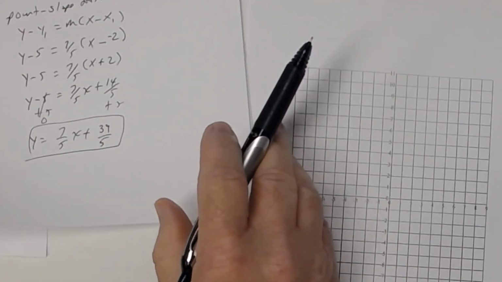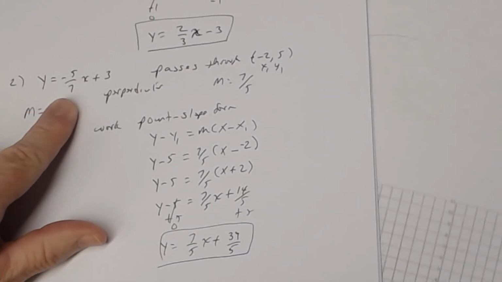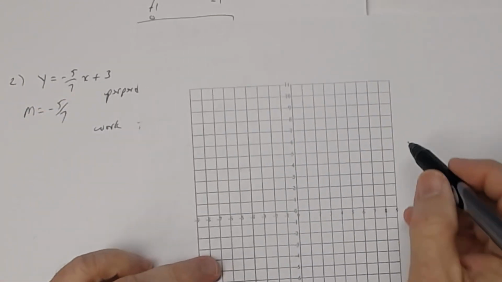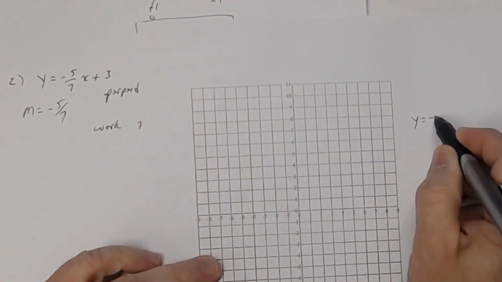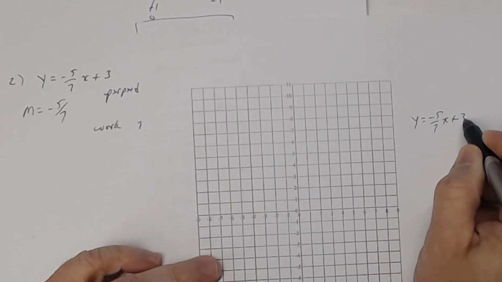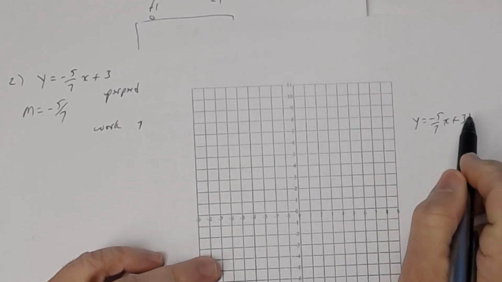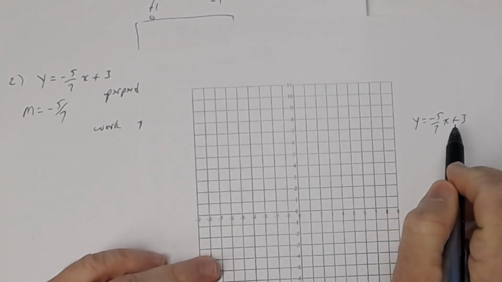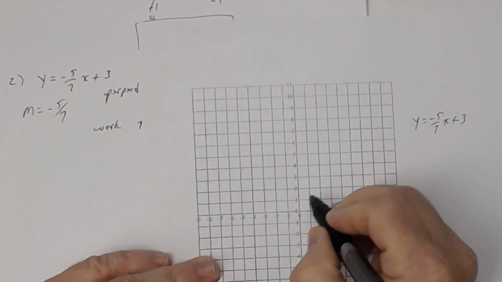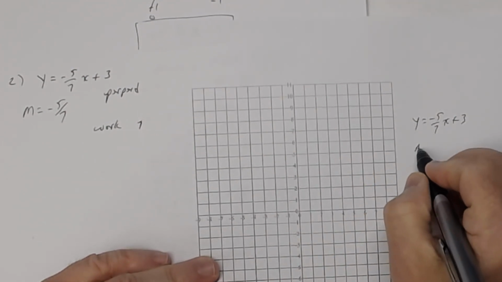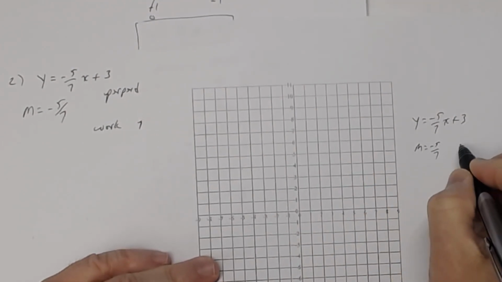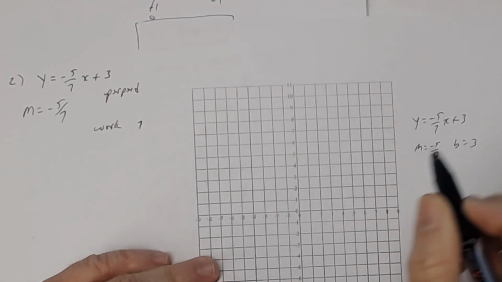I may not have enough room, but let's just try and see what we can do. So let's first of all graph this one: y equals negative 5/7 x plus 3. Graphing this one's easy because the y-intercept is an integer, so I can easily plot it. The slope is negative 5/7, and the y-intercept is 3.